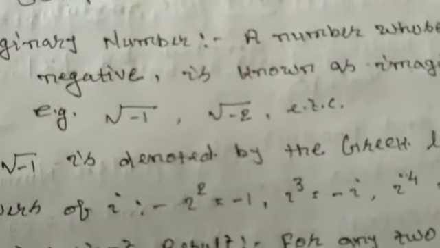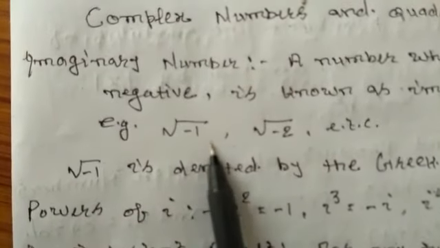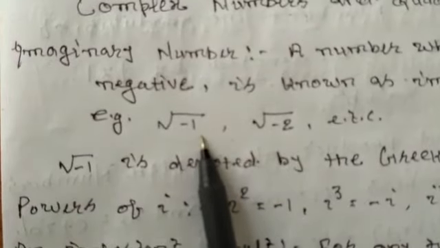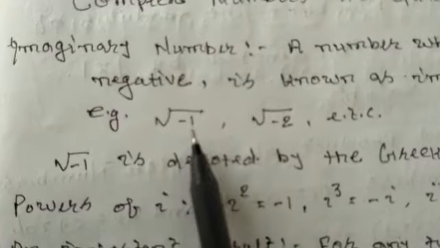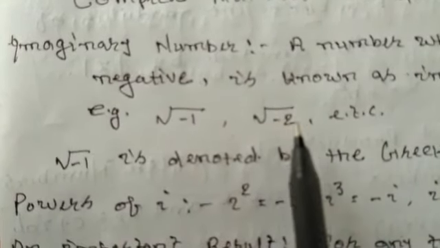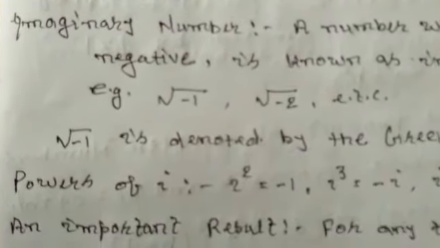Like, for example, under root minus 1, under root minus 2, etc. So when you square this under root minus 1, then you will get minus 1, and this is a negative number. So the number whose square is negative is known as imaginary number, which is being introduced to you in this class. Before it, you have not learned about this number.